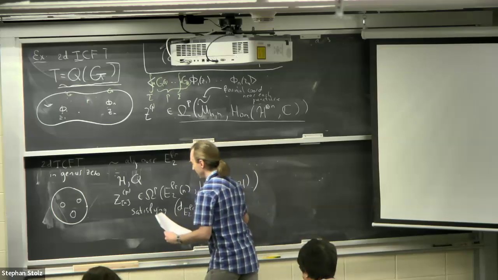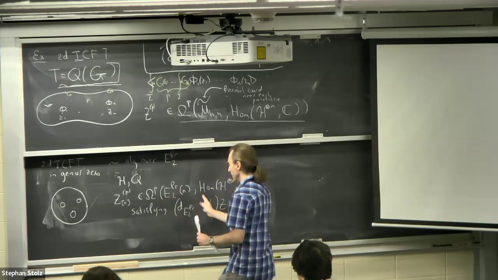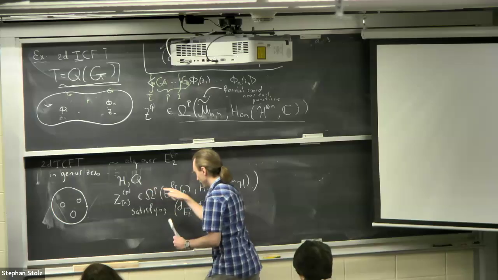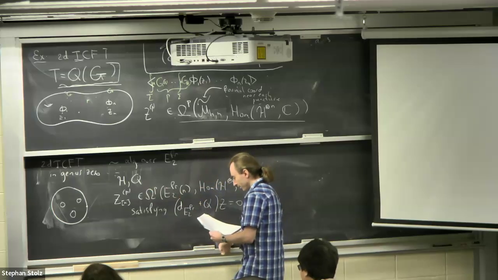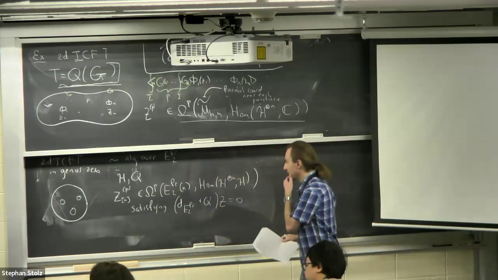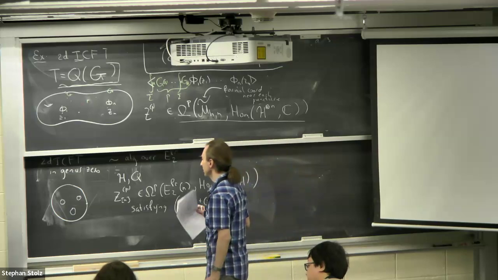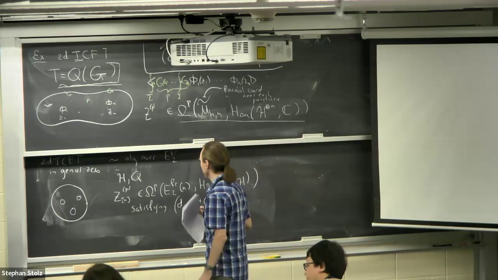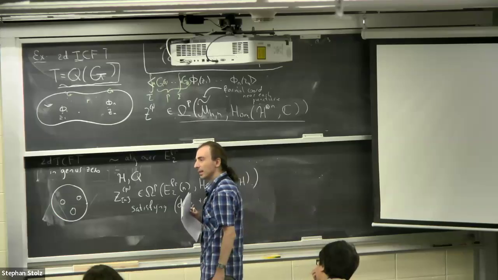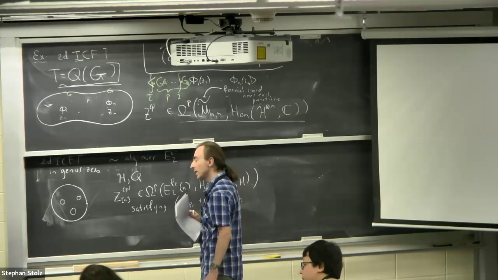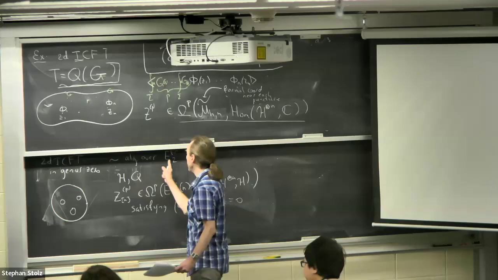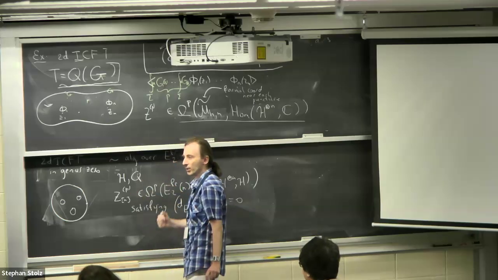For every fixed n, this equation mixes the different components. Sorry, I didn't understand what this statement is. Are you saying if you have an algebra over the framed E2 disk operad, then you automatically get this data? Yes, an algebra over the E2 framed operad is exactly such a collection of differential forms.